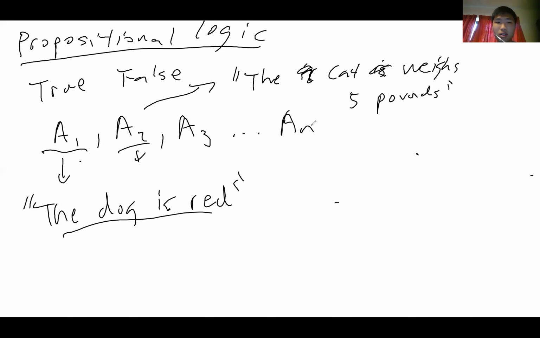What was I saying? Okay, so we're working with these basic sentence symbols that represent sentences, and when we want to represent logical statements, we also work with these things called connectives. They're called sentential connectives.